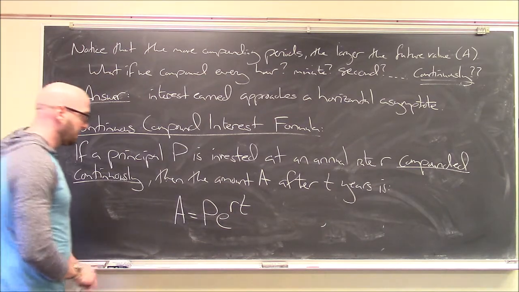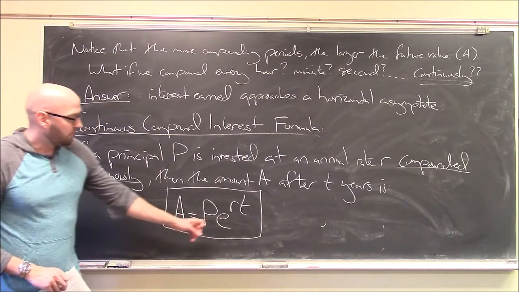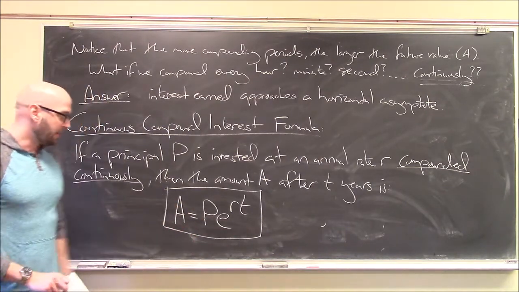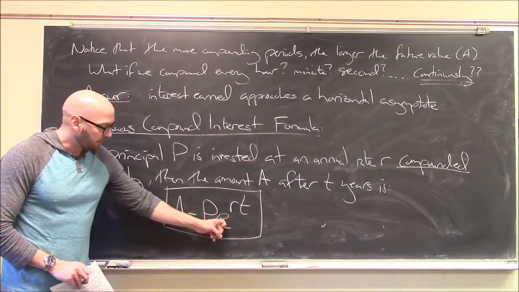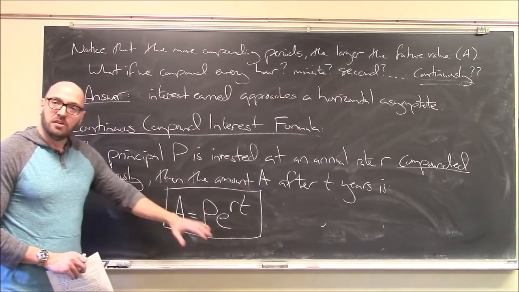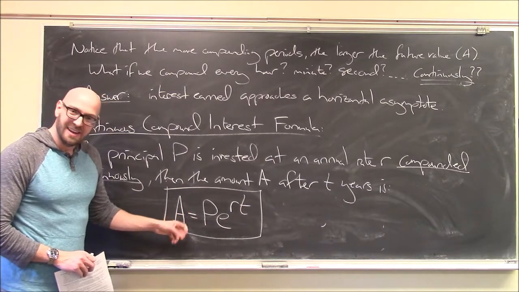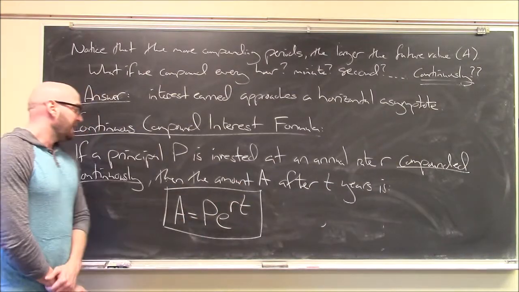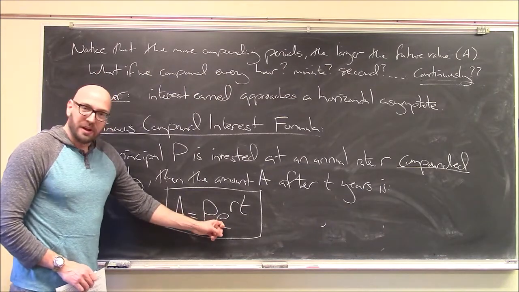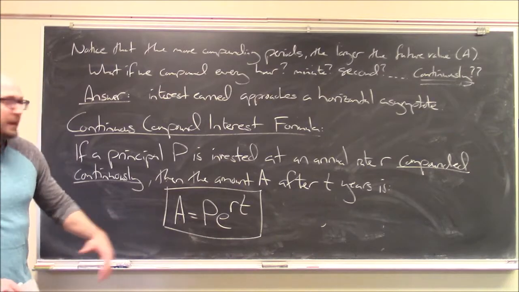I want to warn you that when you're using this formula, don't round e to 2.72 or whatever. When you're plugging things into your calculator, there will be a button for e that will give you a precise value. Use that. Don't round, because if you round this, when you're talking about A to cents, you can be off by quite a significant number. So don't round until you get to the very end.